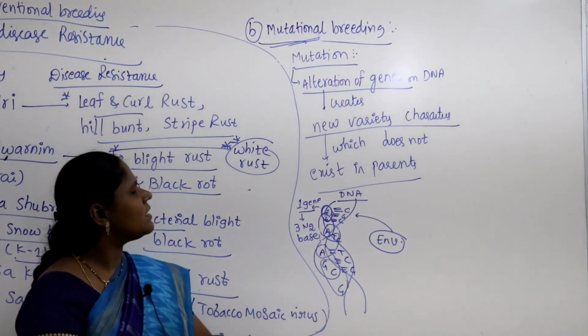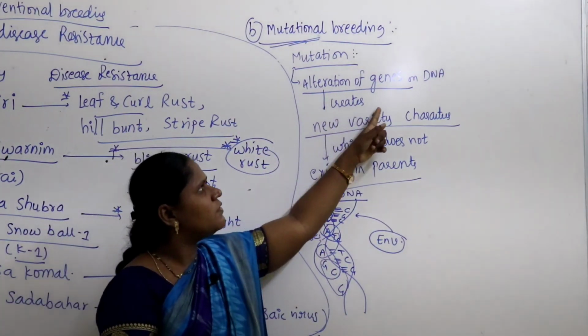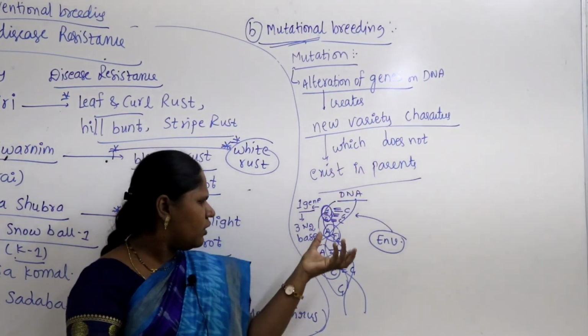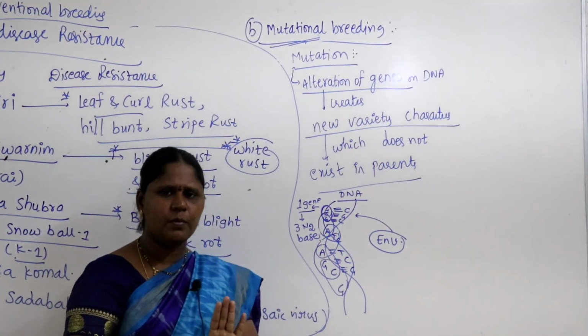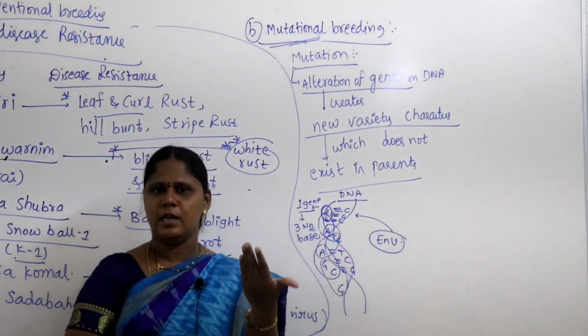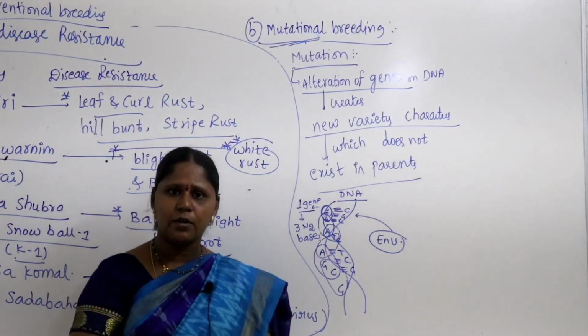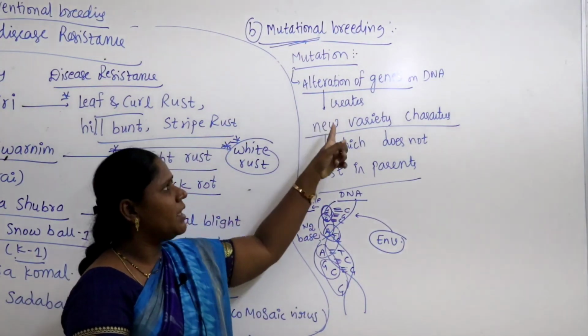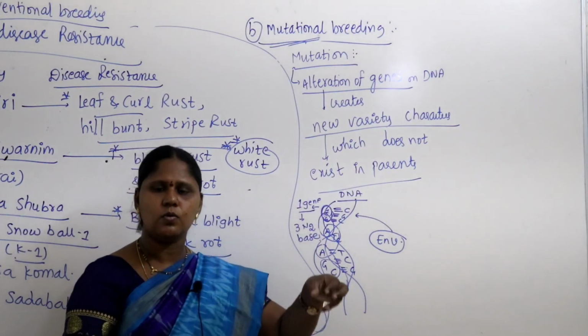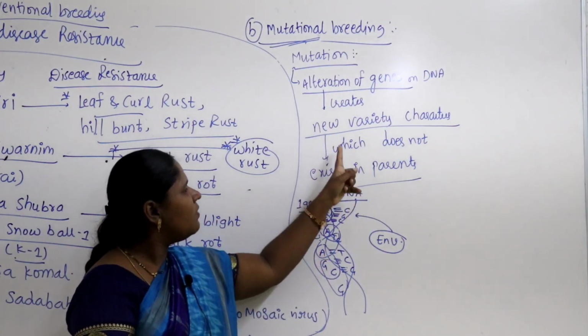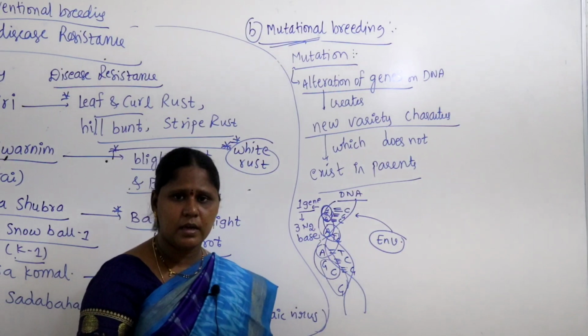Presently what you have to understand is alteration of genes on DNA. If you don't understand, just keep it aside. What do you have to remember? The genes will be altered on DNA. When genes are altered on DNA, what happens? That creates a totally new variety character which does not exist in parents.